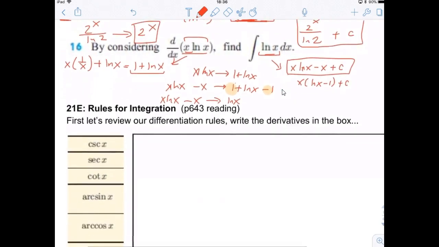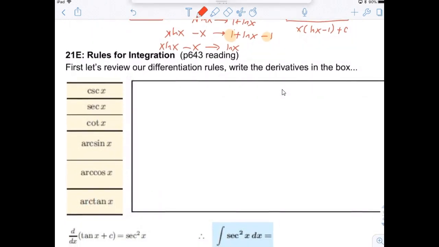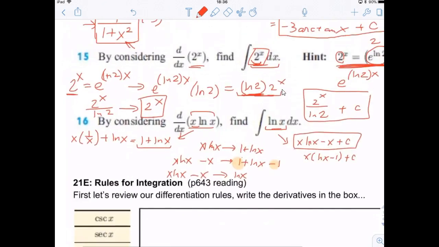Now we're going to go through some rules of integration by first looking at the derivative rules that we know. And we already went through these rules for the core. These are the additional derivatives that are covered in the HL sections. So remember, the derivative of cosecant x, we saw it up here.